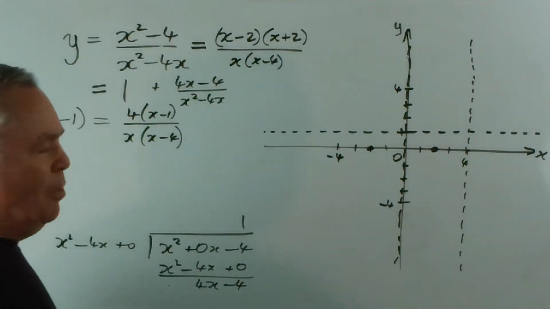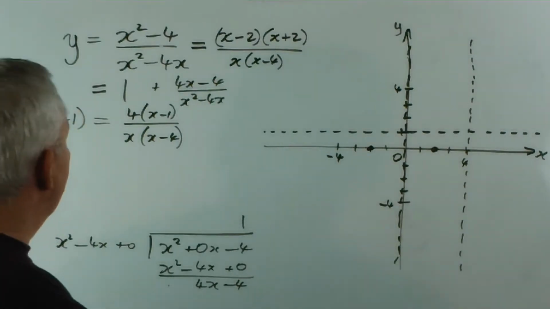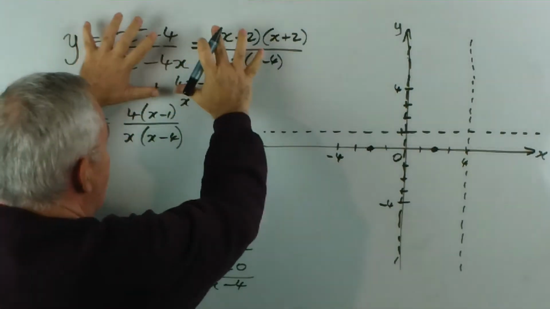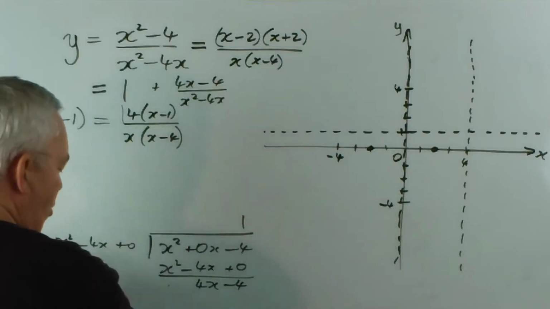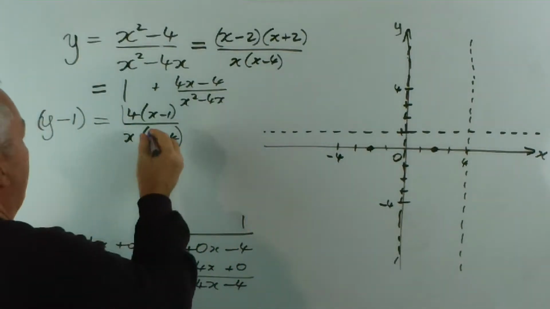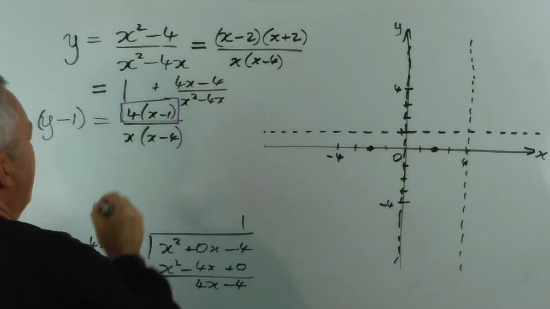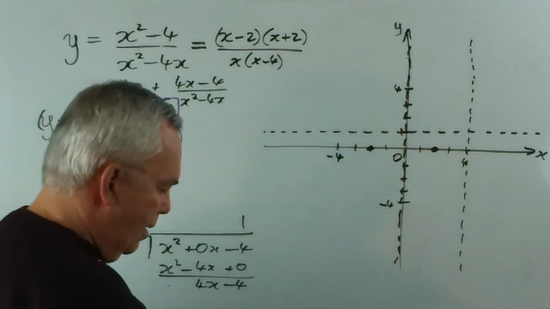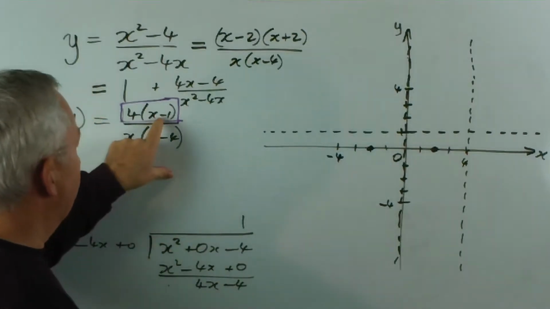Now, those points are useful to know. What else is useful to know? Well, this is one thing that this expression doesn't give that this one does. Because if we look at the top here, I should use a different colour. If we look at this expression on the top, we notice that we've got a problem or something significant occurs when x is worth 1.